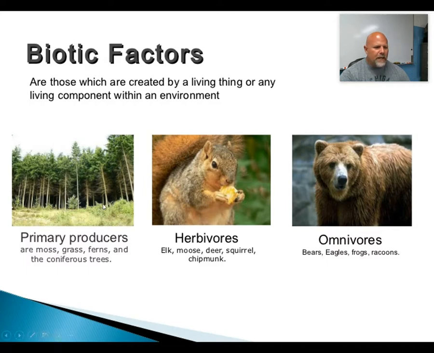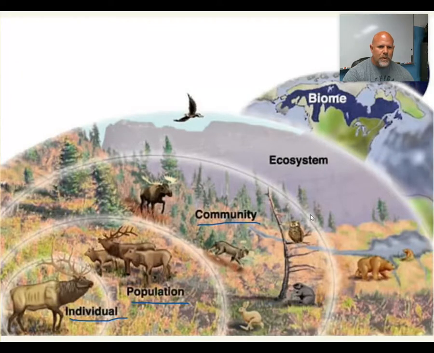So if we look at producers, consumers, and then higher level consumers, those are all part of the biotic part of an ecosystem. We're not going to get real in depth into this right now, but there's a breakdown into how we set up ecosystems.